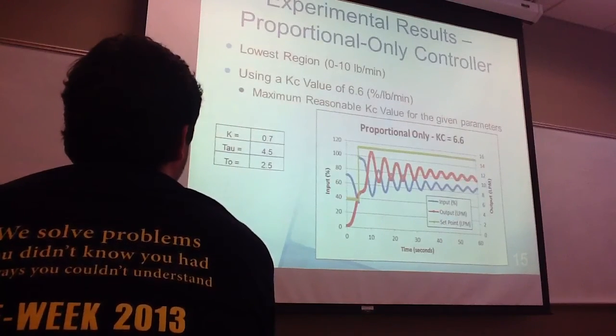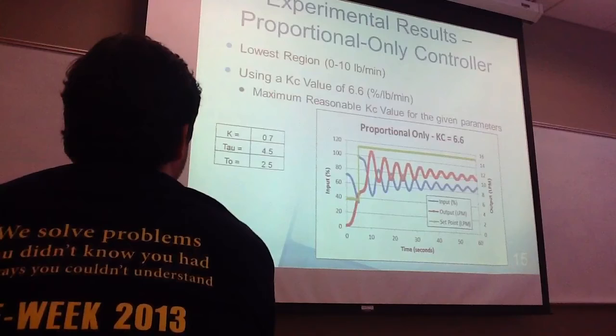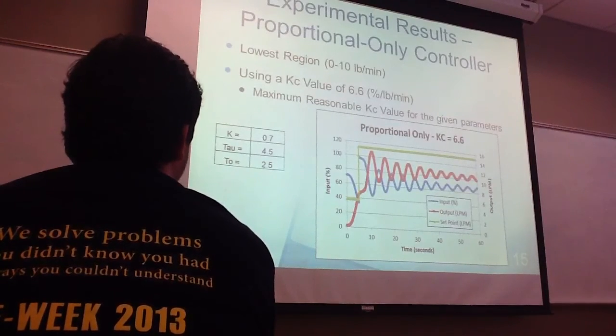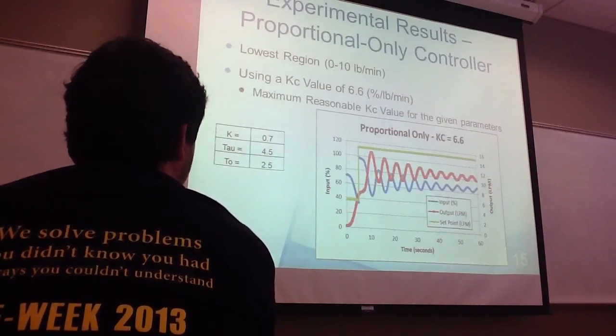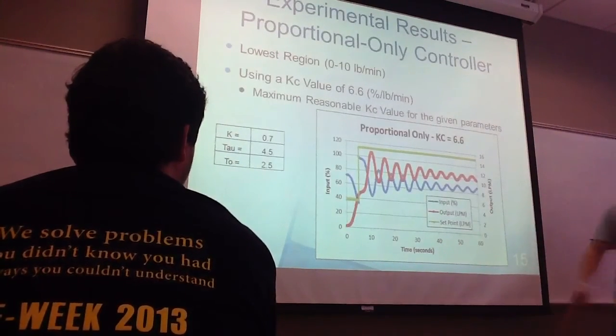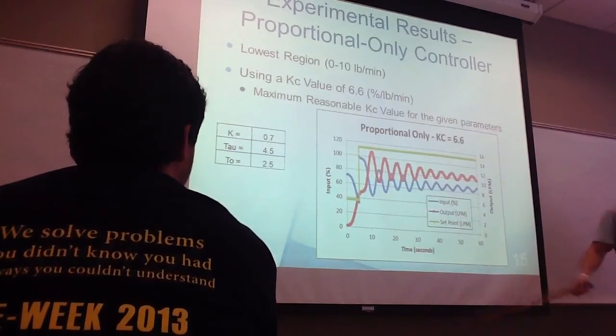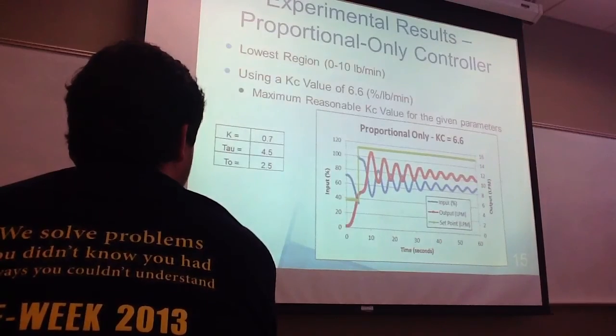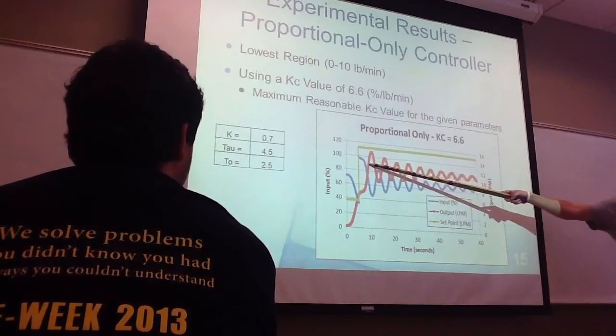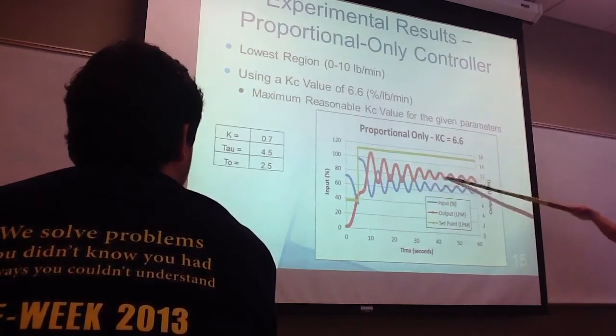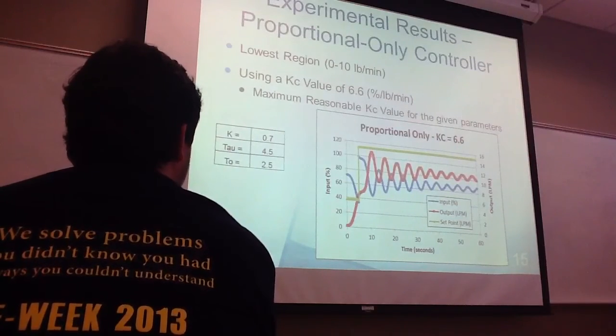And this is the experimental results for the lowest region, which is 0 to 10 pounds per minute, using a KC value of 6.6 and the same parameters as we used for the model. This right here is our output, and it oscillates down, so it is oscillatory.